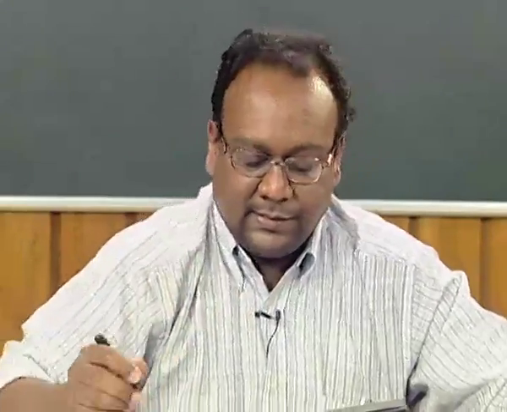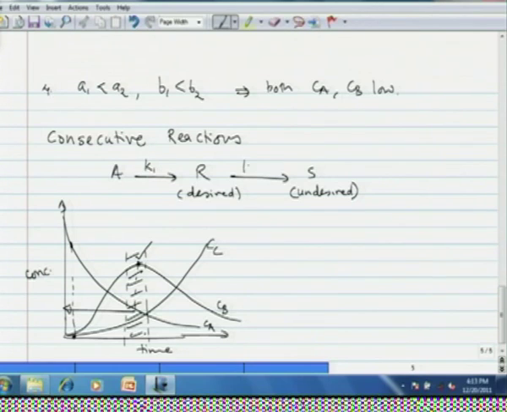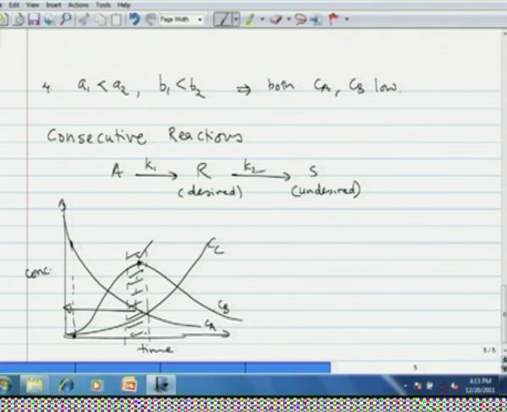So, this is as far as the consecutive reactions are concerned. In this case, we have to solve the equations that we are going to do in the tutorial and see what is the optimum time for maximum yield and so on and so forth. So, at this point we leave it here with this qualitative discussion.